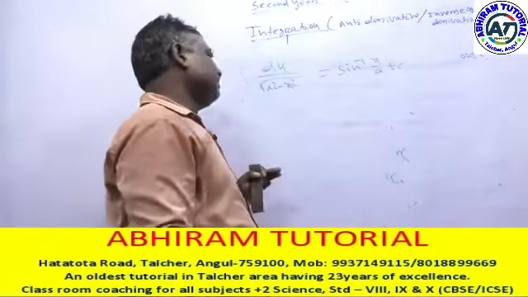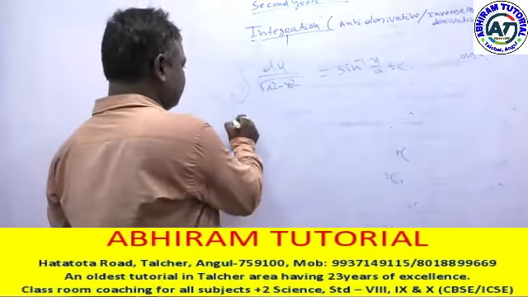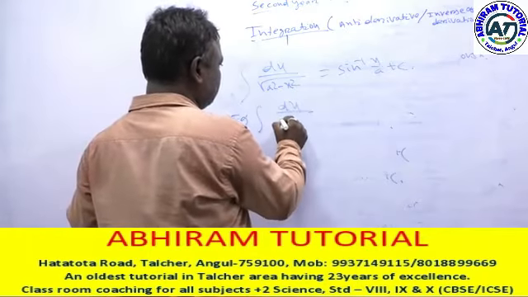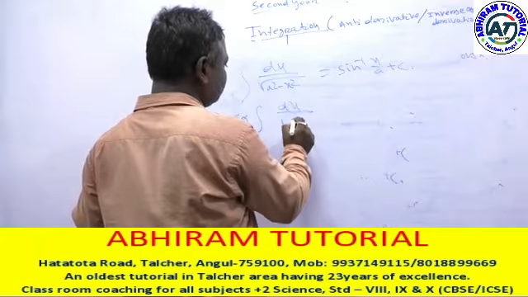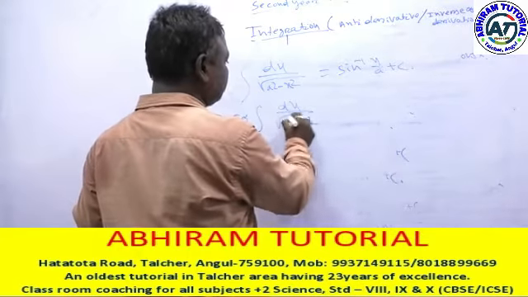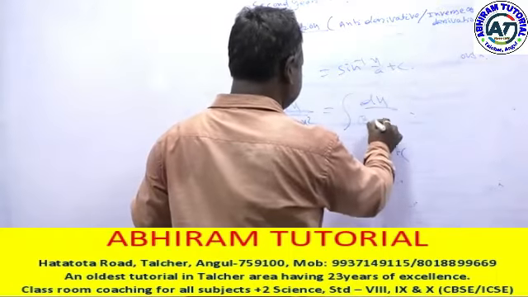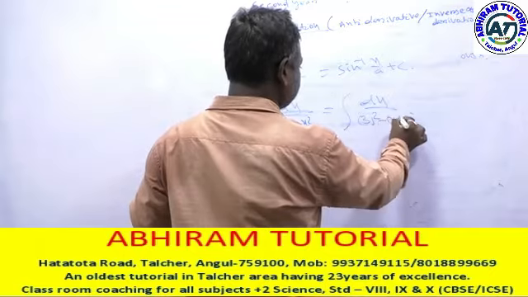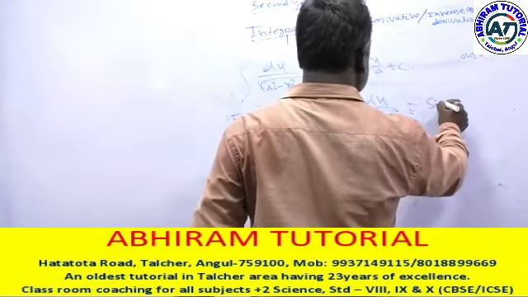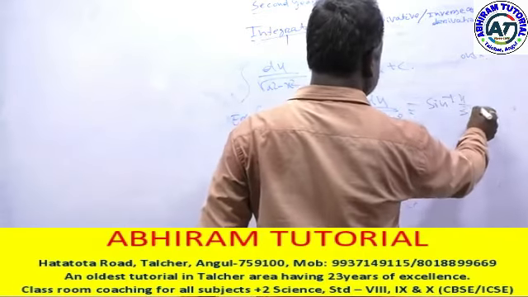For example, the integration of dx by root over of 9 minus x square. You can write this as 3 square minus x square under the root, and this automatically gives sin inverse x. Here x is x and a is 3, so x by 3 plus c.